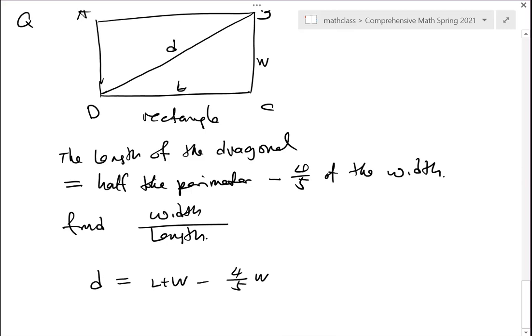Can you find W over L? This is a geometric problem. Please let me know if you get it.